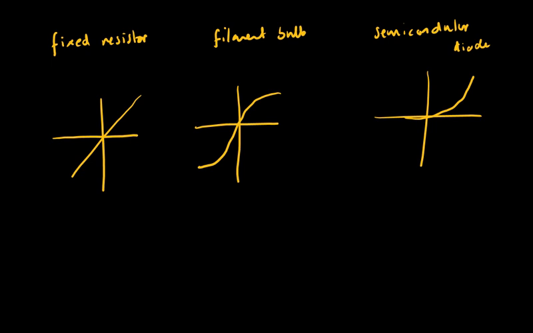Okay, so hopefully you've done that, and you'll appreciate that in the filament bulb the resistance has increased as a result of the voltage having increased. And could you try and write down why that is? Pause the video. And if we can remember that, that is because the filament bulb has become hot, which has pushed the resistance up.